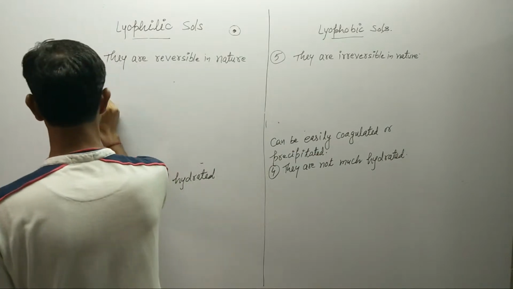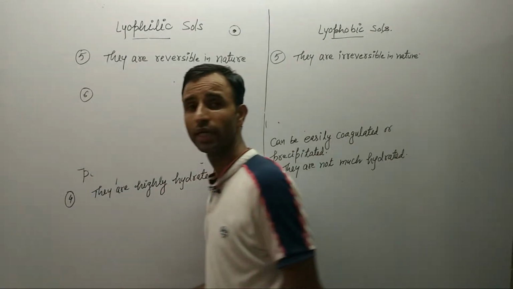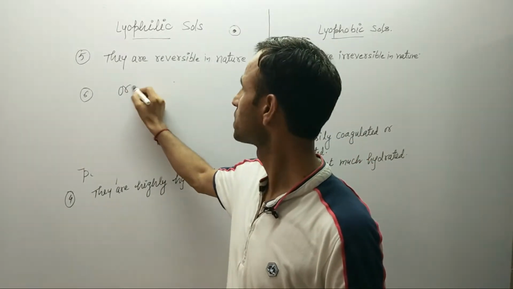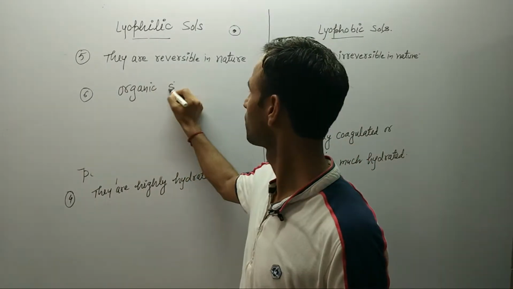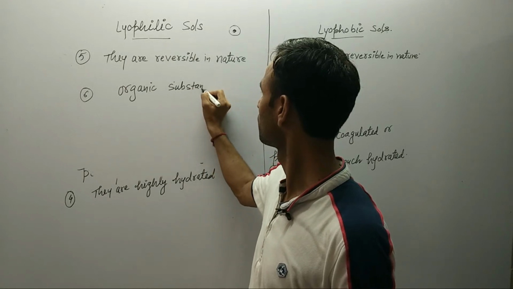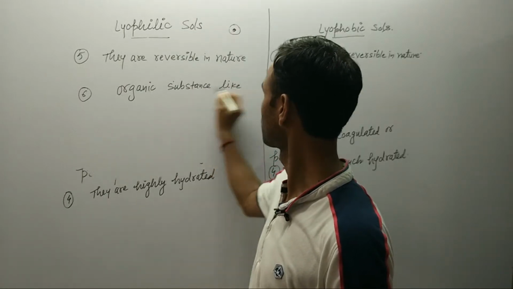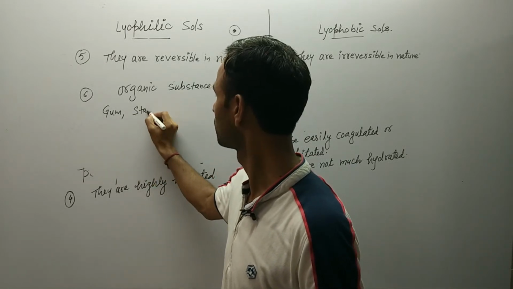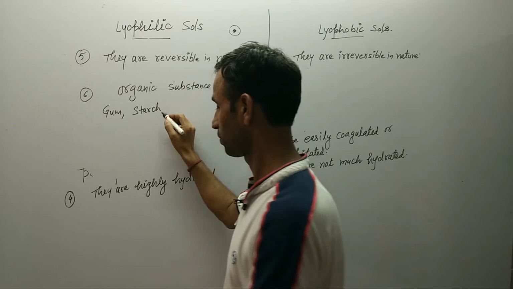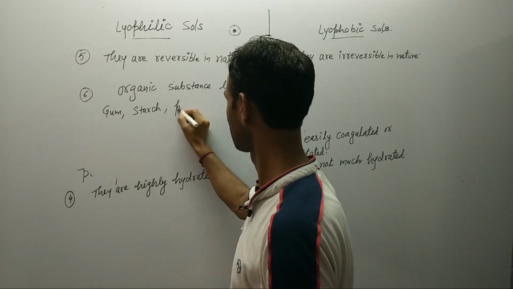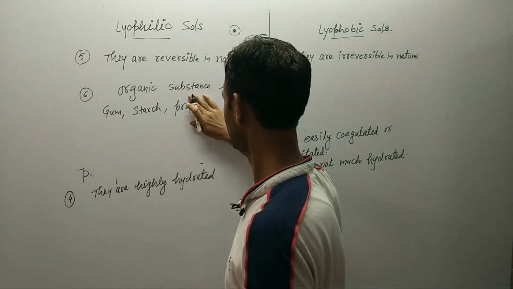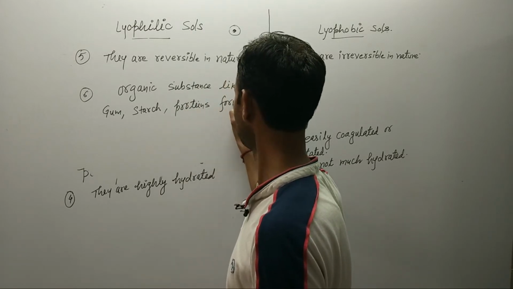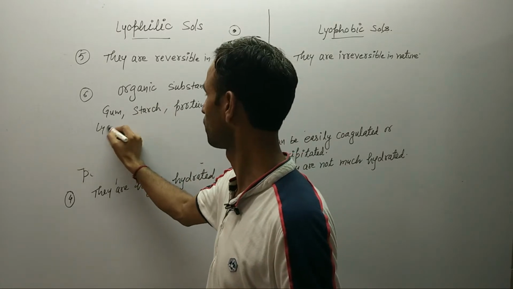Point number 6. Nature of the substance. Organic substances like gum, starch, proteins form lyophilic sols.